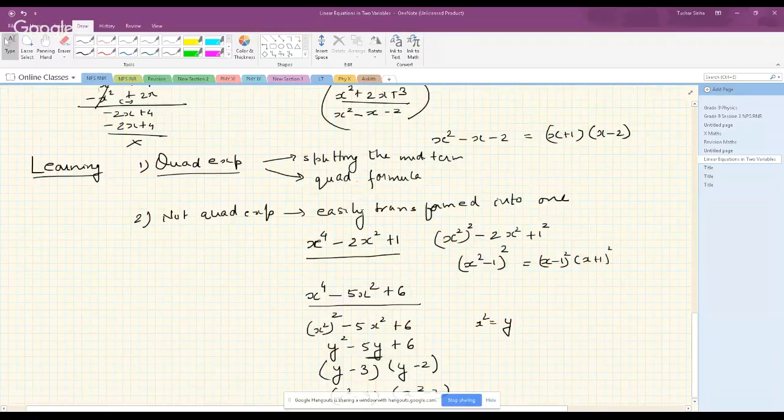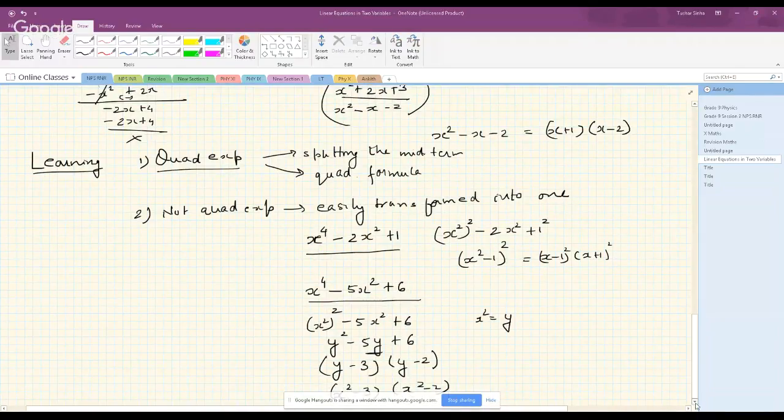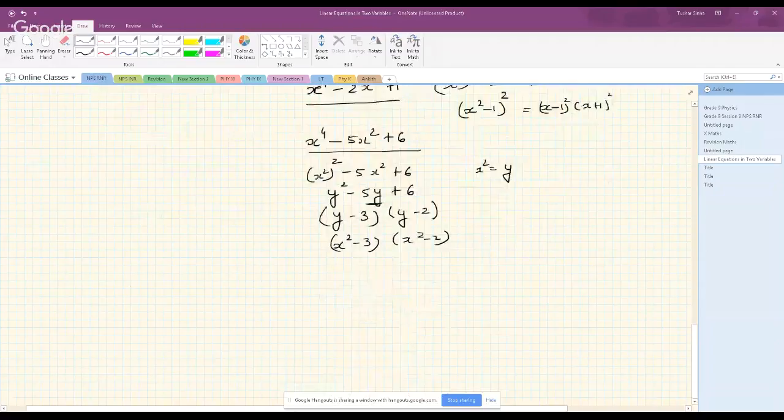The third type is the one which we just learned: not quadratic as well as not reducible to any quadratic form.